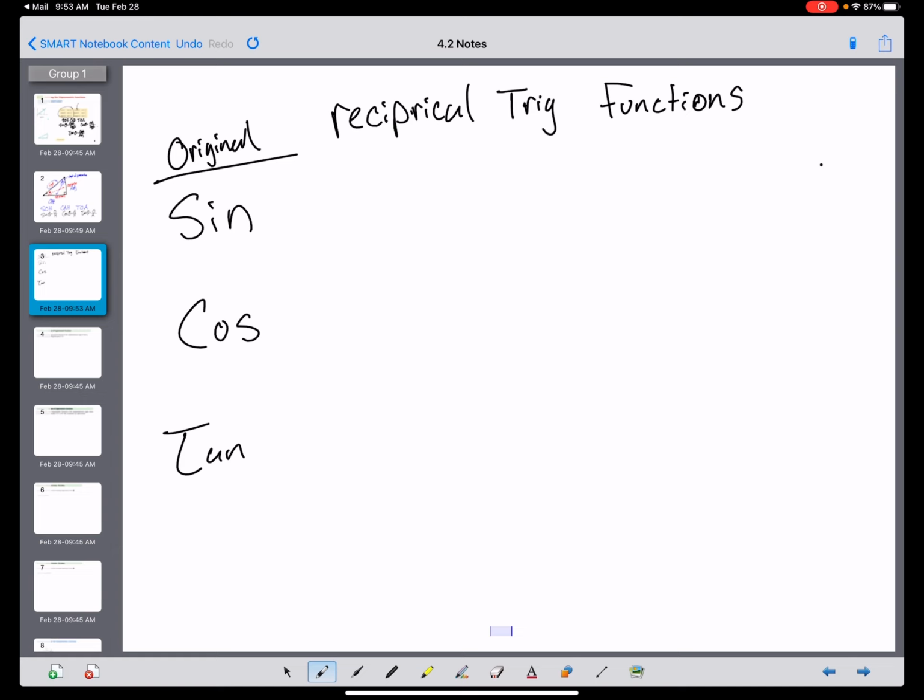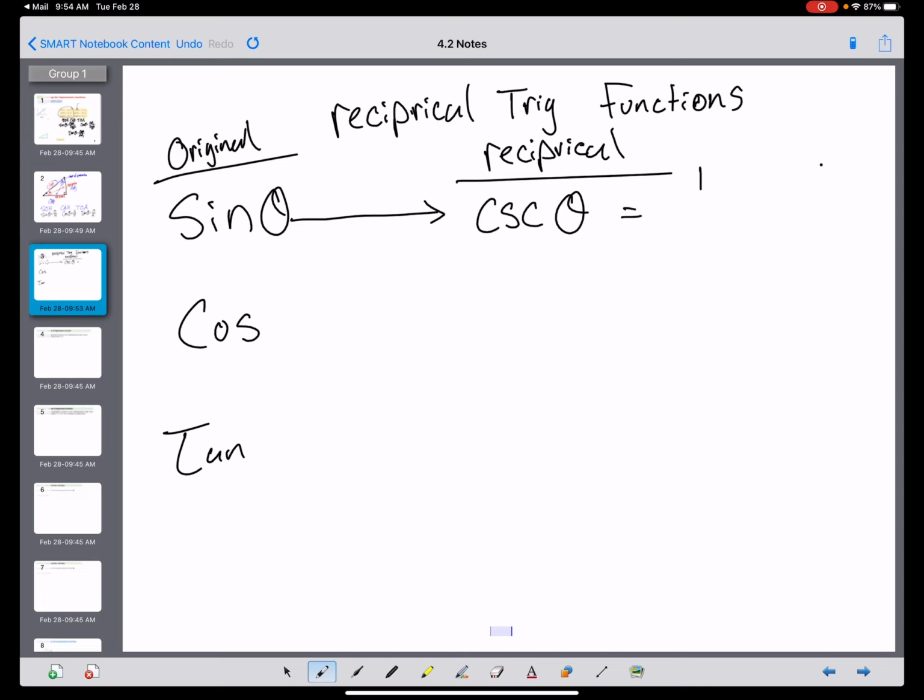And if you know math, the reciprocal is always just 1 over that. The reciprocal function for sine is cosecant. So sine of theta, cosecant of theta. What does that mean? It means we can say cosecant is just 1 over the sine of theta, right?